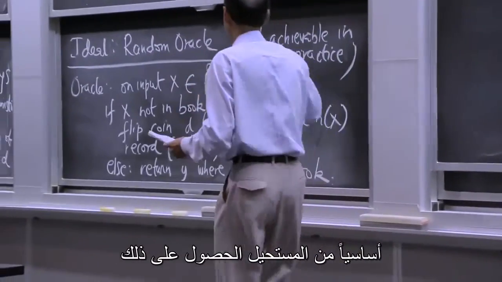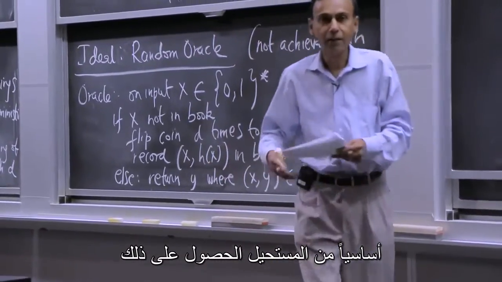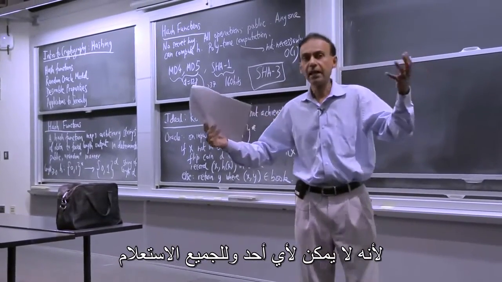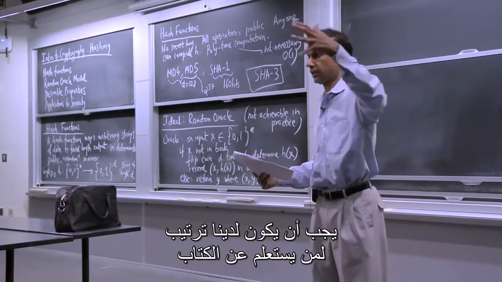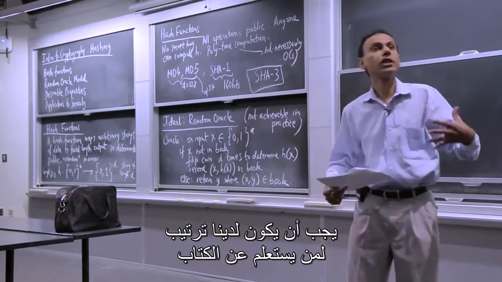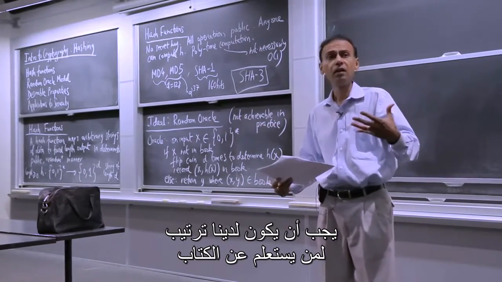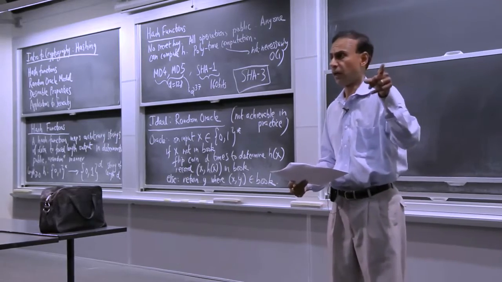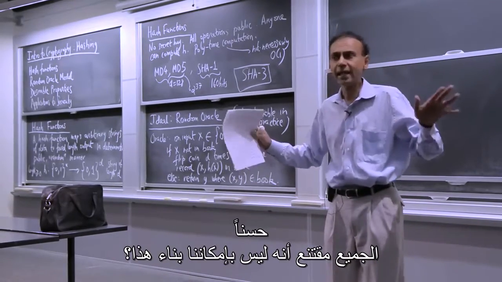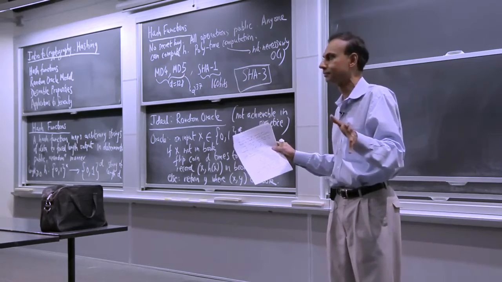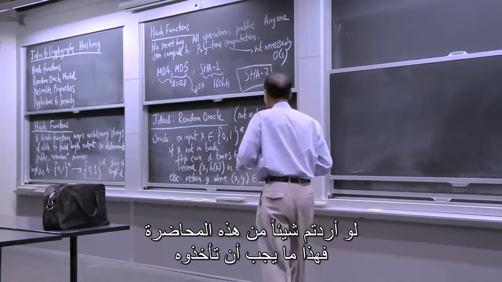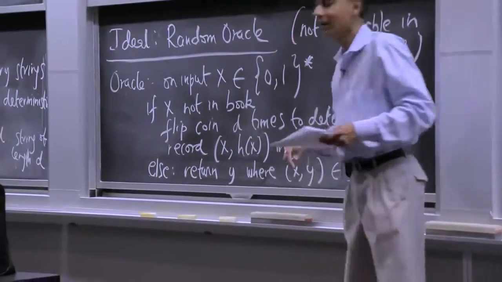So this is, I mean, basically impossible to get, because not only can anybody and everybody query, you have to have this ordering associated with people querying the book, and you have to have consistency. All right? So everyone convinced that we can build this? All right. If you took anything out of this lecture, that's what you should take. No, there's a lot more.